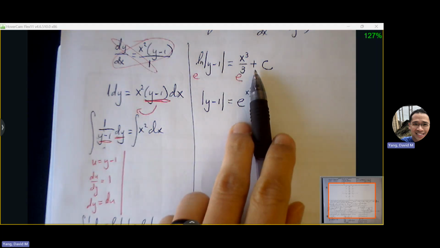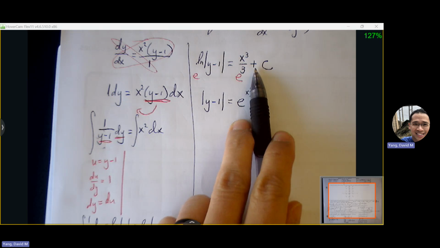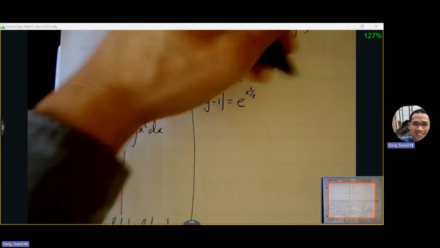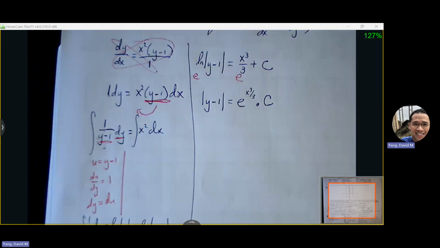Remember that anytime we want to split this exponent away from the variable, we have to change that operation there. The plus or minus in the exponent is going to turn to multiplication at the base level. Sorry, e to the c.